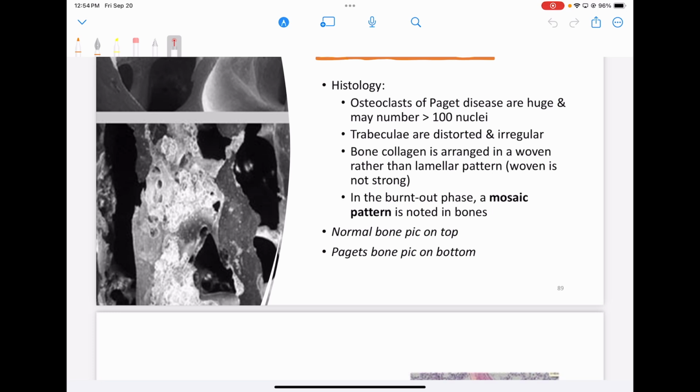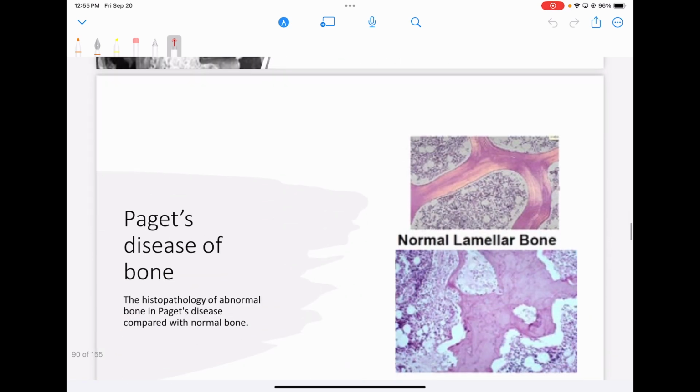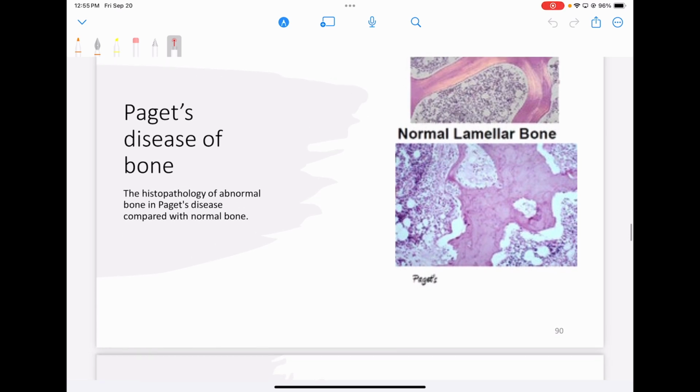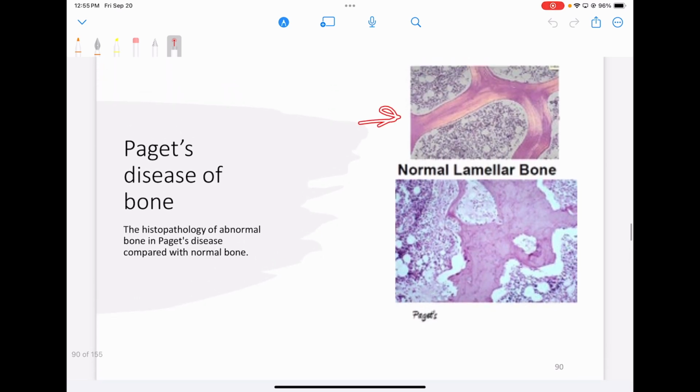You break the tile and make a new image. So again, normal is on top and the Paget's disease bone is on the bottom. Here's the lamellar bone. Look at that normal, look how nice and clean everything is, and look at the bottom one. So that's Paget's disease, disordered remodeling of the bone.